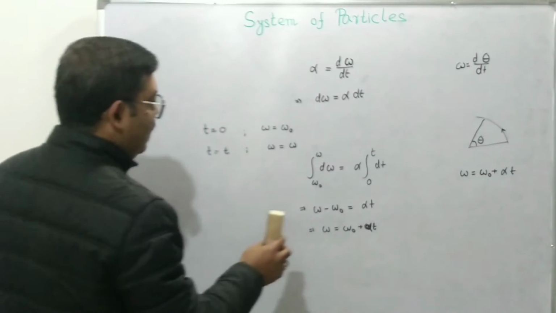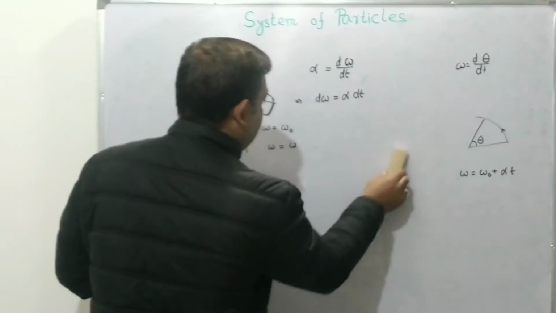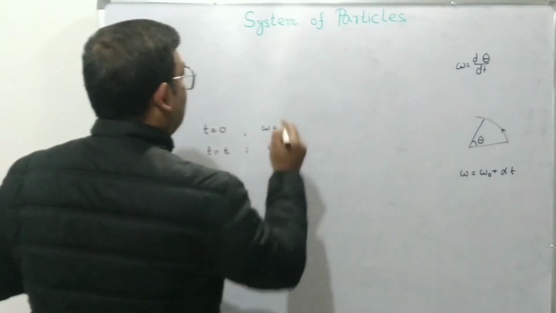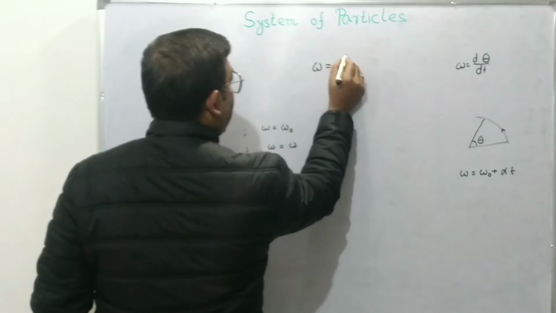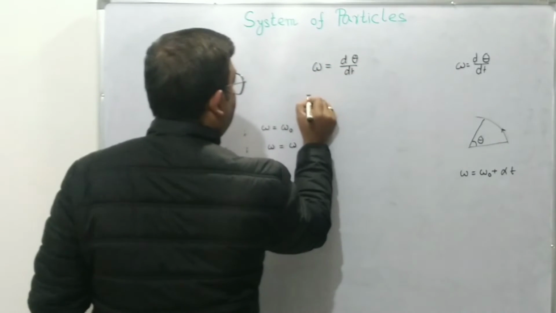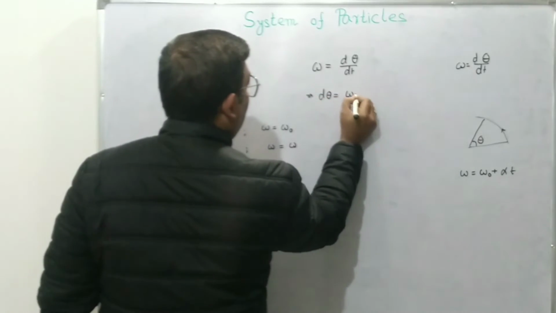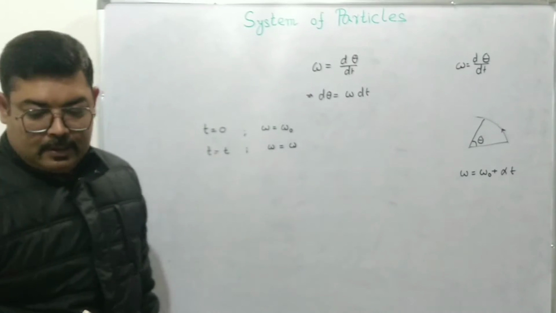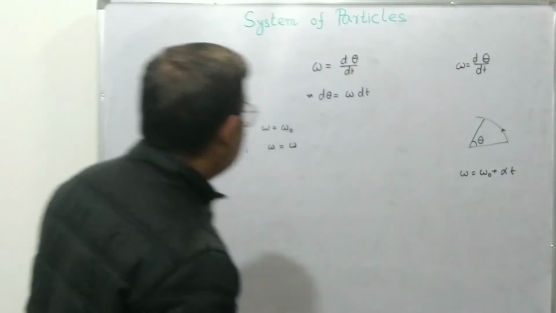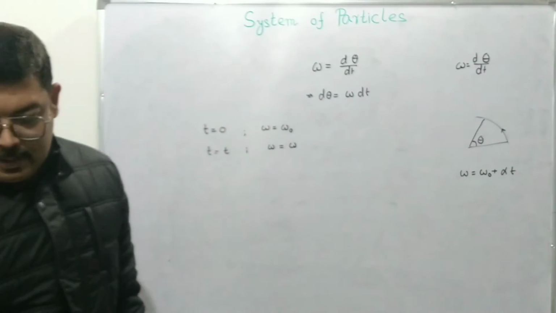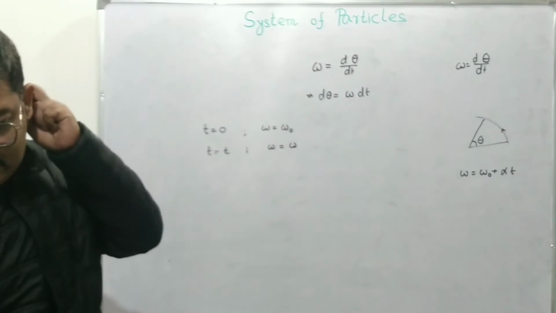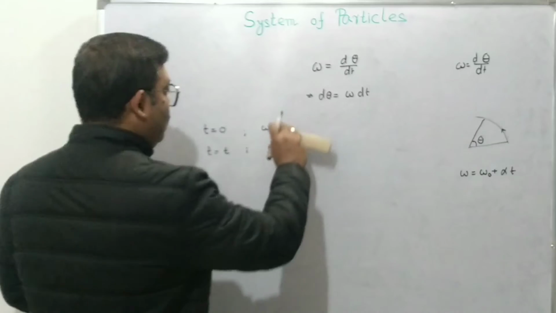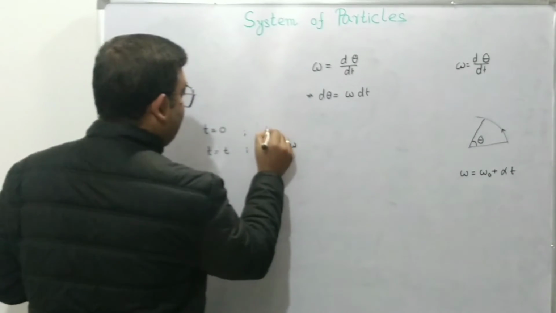Now, if we call in the help of the other equation, that is omega equal to d theta by dt, we get d theta equal to omega dt. Now let's say when t was equal to 0, angular displacement theta was equal to 0.